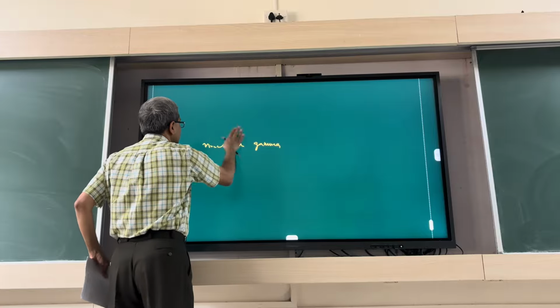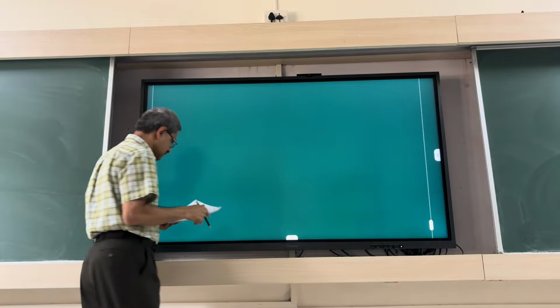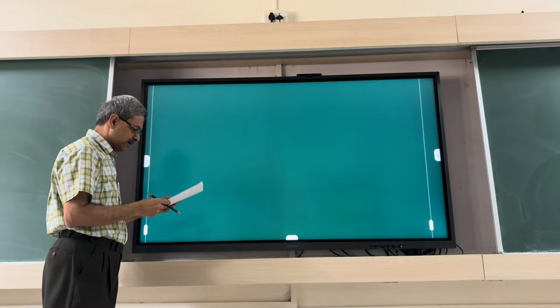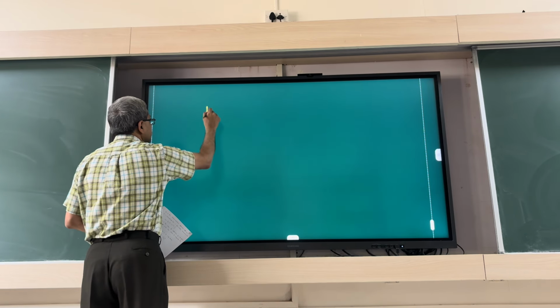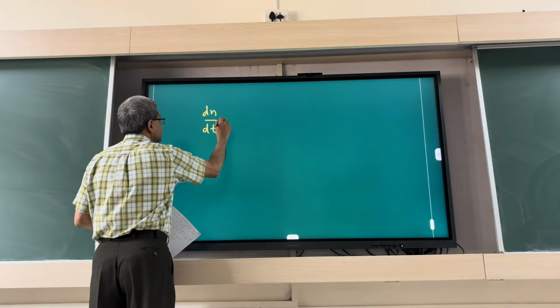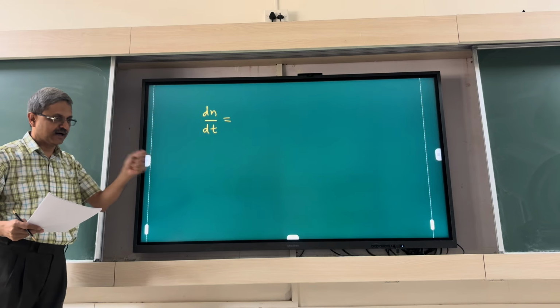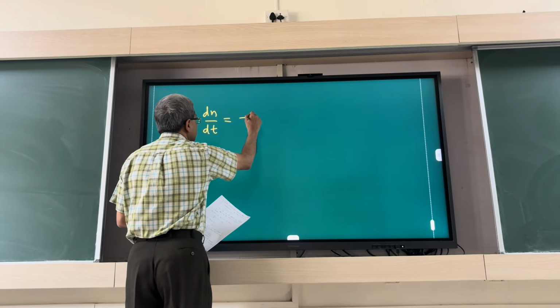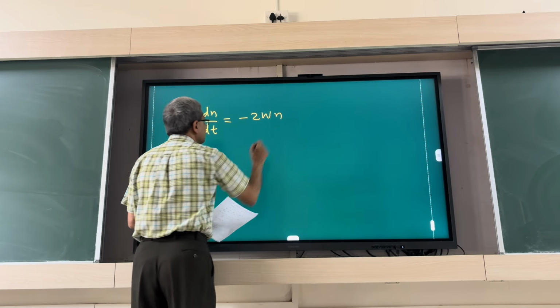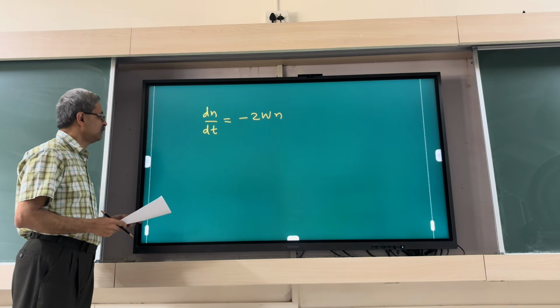So if you now incorporate both the effects, the effect of the lattice as well as the transition between the states because of the RF field, then you get dN by dt is minus 2W times small n.